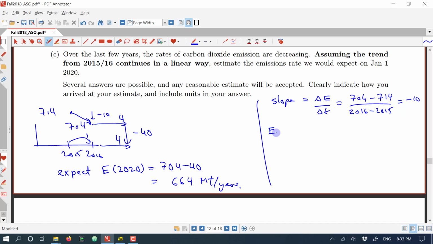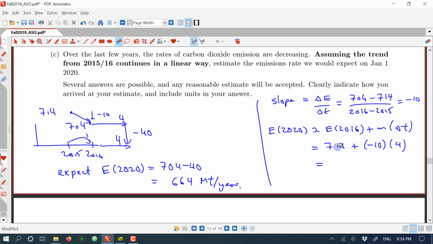So you can say E of 2020 is going to be approximately E of 2016 plus m times the delta t between them. So that was our 704, the value at 2016, plus the slope we just found times the time span, which is 4 years. Oh wait, it's the same calculation. And we get the same value of 664 megatons.